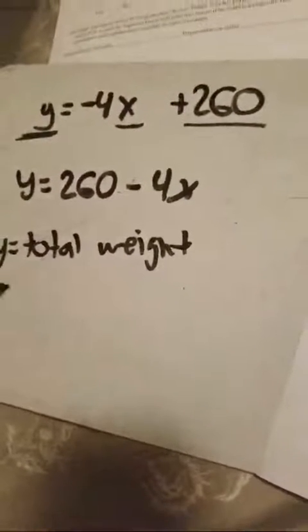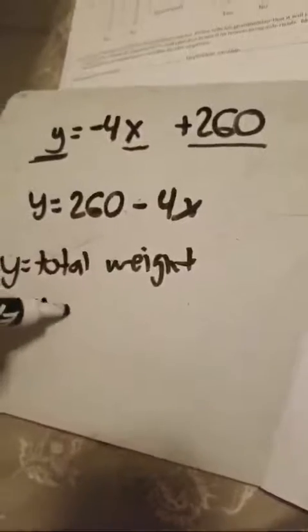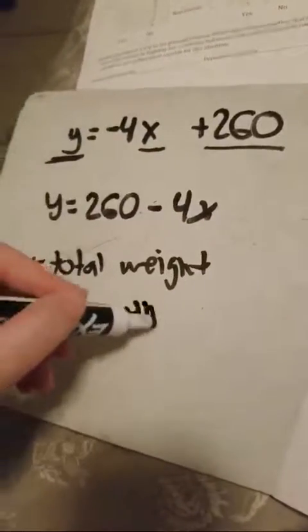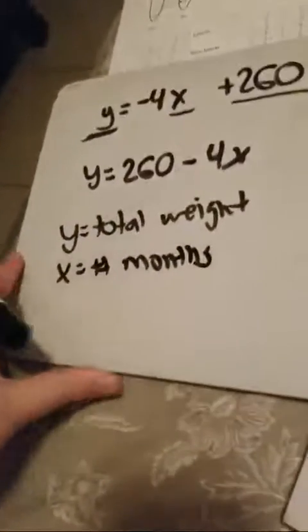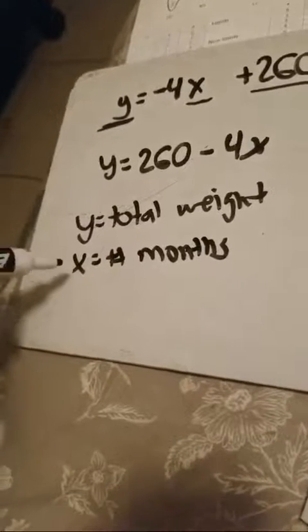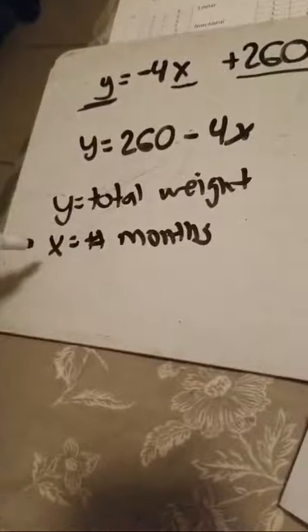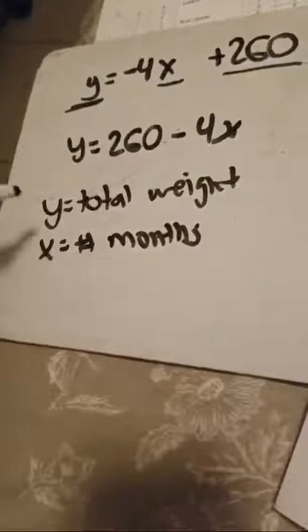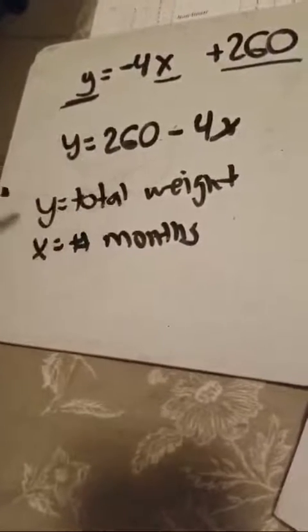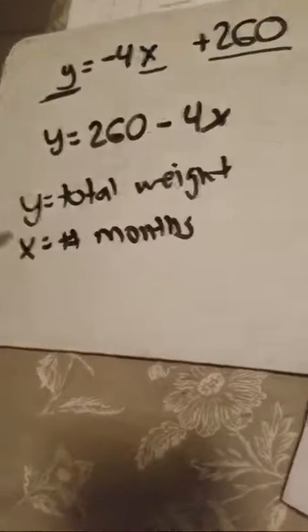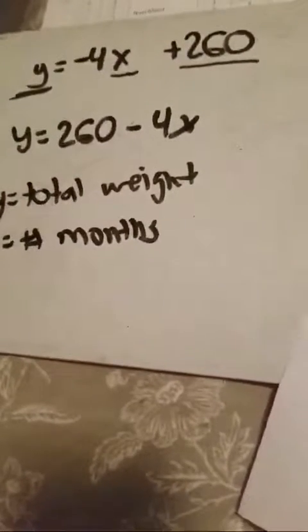So x is the number of months. My number of months is independent. Time is going to go by no matter what. It's a cruel lesson. Time is just going to keep ticking. Y is how much weight you're going to have after. The test is going to come. It's dependent on how much you study.